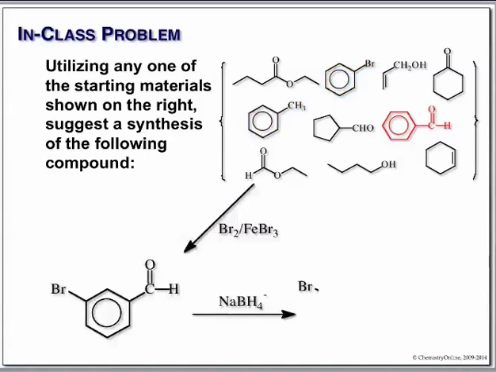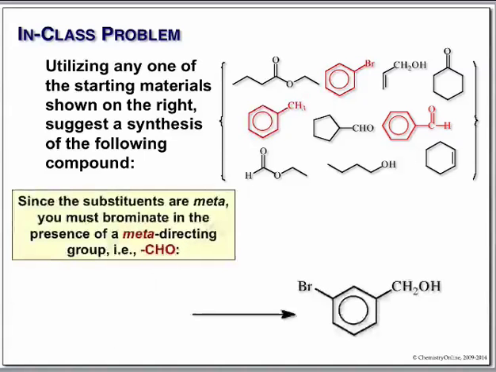All right, what we have to do is somehow introduce our halogen. We know electrophilic aromatic substitution allows us to introduce a halogen meta using bromine and iron(III) bromide. That would give us our 3-bromobenzaldehyde.